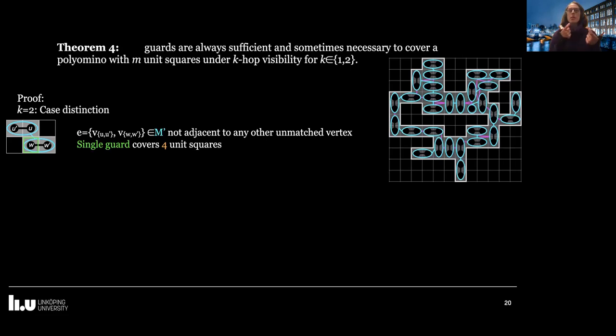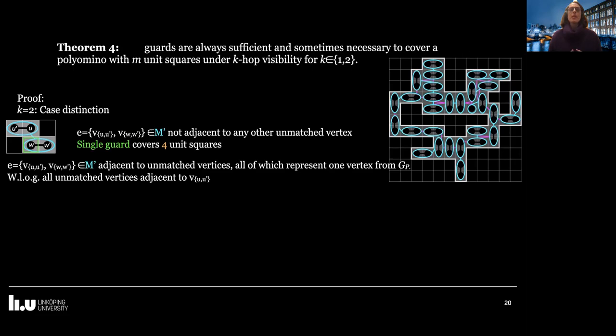So let's say both vertices in our matching edge represent an edge each in the original grid graph, and they are not adjacent to any other unmatched vertices. Then we can just place a single guard at one of the vertices that yield the edge in our new graph, and that single guard covers 4 unit squares.